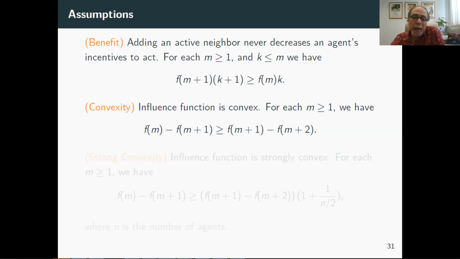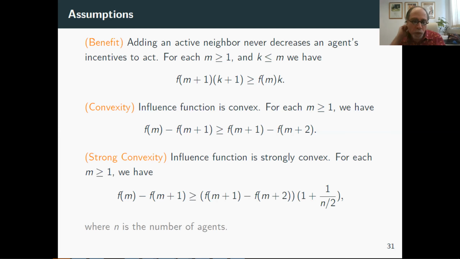So you get a dilution, but there are already 100 people who don't do the action. The influence of the 101st cannot be so great. That's the interpretation of this condition. The marginal dilution is declining.